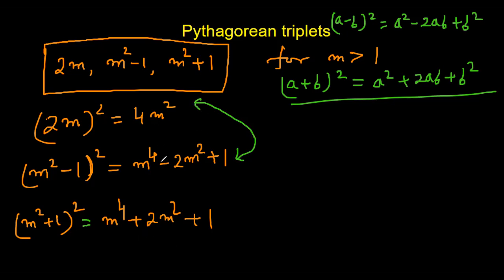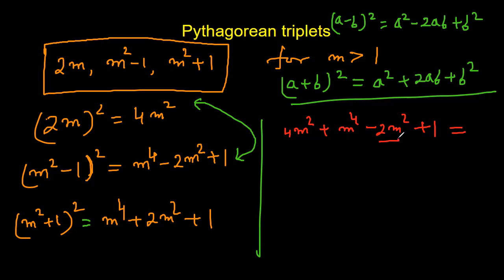If you add these two, you can observe that 4m square added to m to power 4 minus 2m square plus 1 will be equal to, see, the like terms can be added.